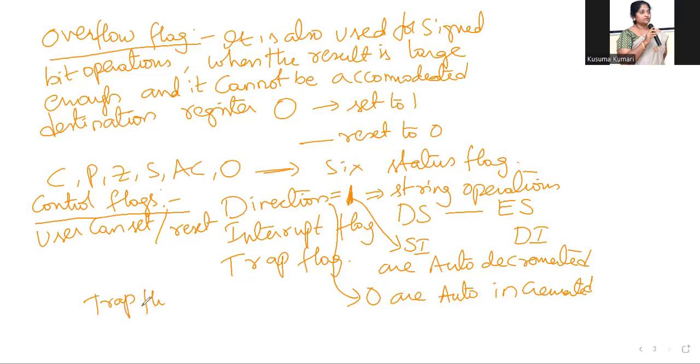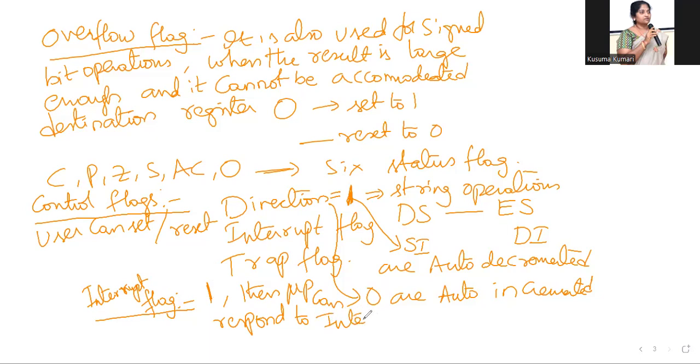Next one is the interrupt enable flag. If the interrupt enable flag is equal to 1, then the microprocessor can respond to interrupts, that is, it will accept the interrupt.